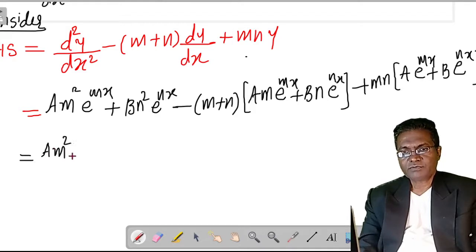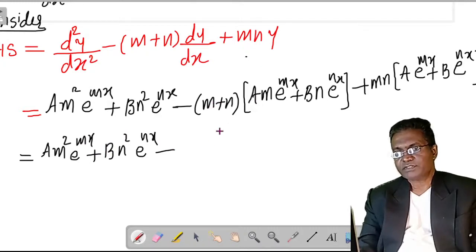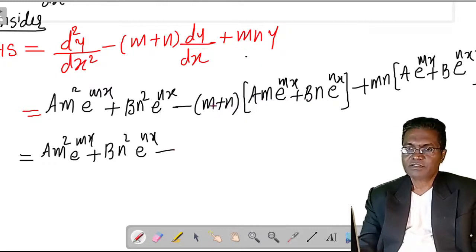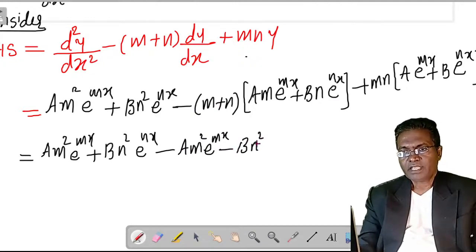a m square e power mx plus b n square e power nx. Now m into this. Outside minus is there, so every term is going to turn into minus. m into this, so that is minus a m square e power mx. Next m into this, minus b mn e power nx.